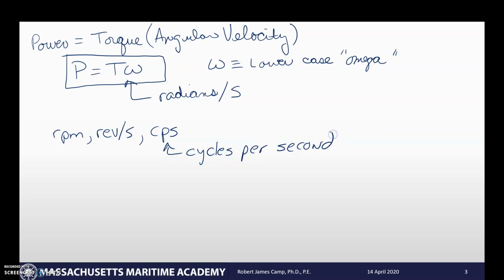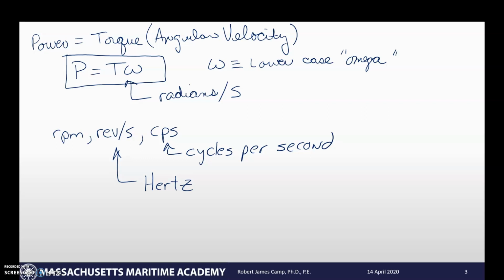Cycles per second, revs per second are the exact same thing. So traditionally, we measure revs per second as what we call a hertz. Named after some guy, I believe he's an electrical person. I actually don't remember. But a hertz is a rev per second or an inverse second.